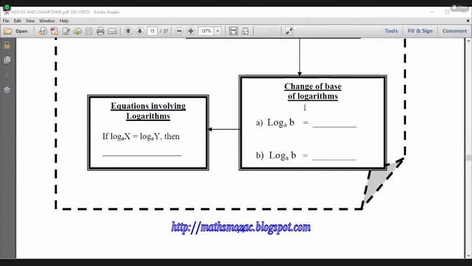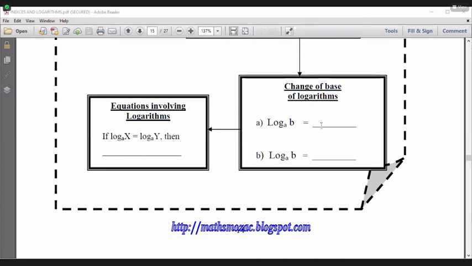Now, change of logarithm, change of base. Log to base A. If log to base A equals that one, because that one is the same as log to base x of b divided by log to base x of a, isn't it?